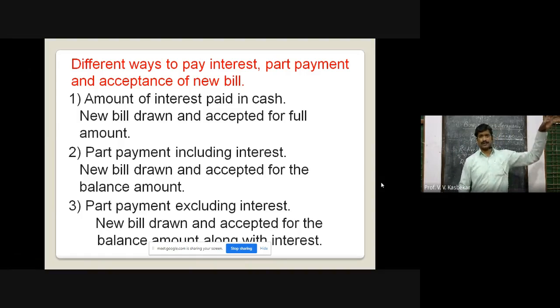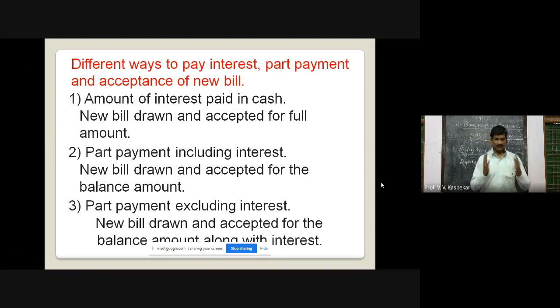That means original principal amount plus interest, or part payment including interest, new bill drawn and accepted for the balance amount. Here, when interest is not paid in cash, interest is added in the bill, and with that interest amount plus principal amount, the bill is prepared.